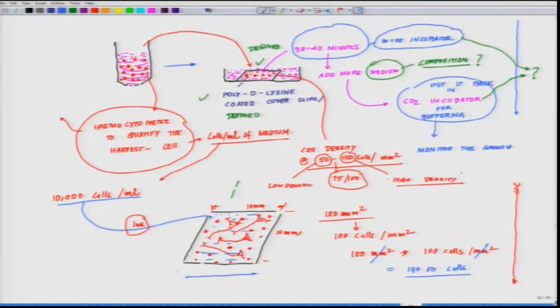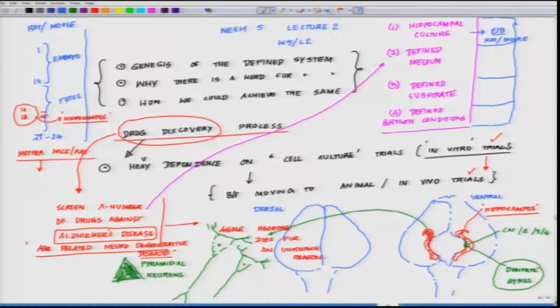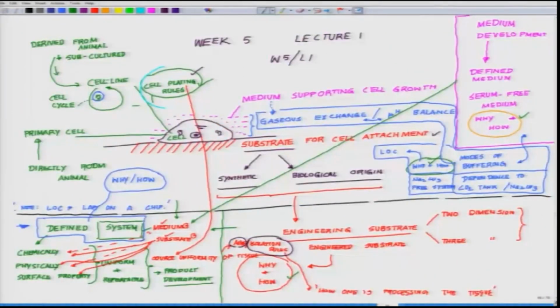Now, once you have plated the cells, this is called cell plating. If you remember, I told you to go back to the master chart, to see what all you have to be careful about. It is here: cell plating rules. I told you that you have to be very careful about how many cells you are plating.